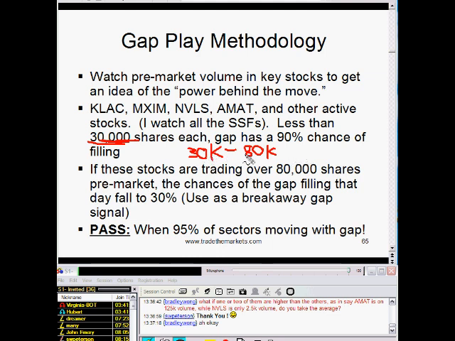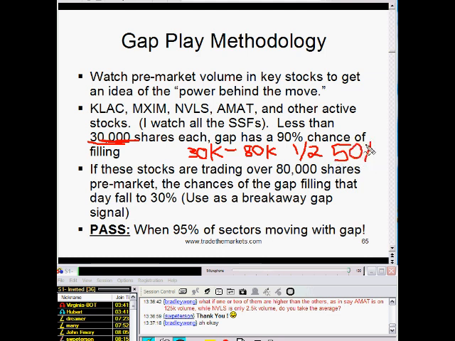But on days when you've got what I call moderate volume, when we get to the halfway point, the 50% retracement level of the gap, we take half off. So instead of trying to hold for the entire gap, we'll take half off at the 50% level.